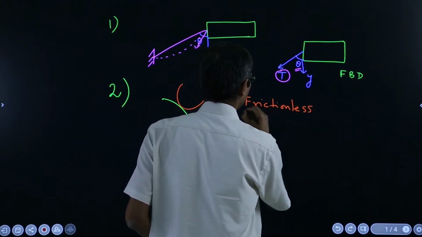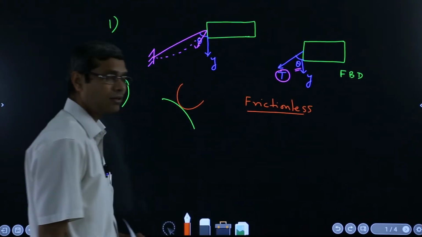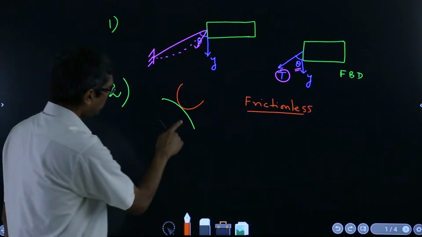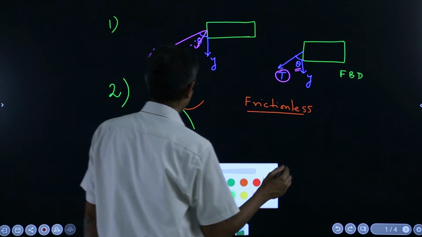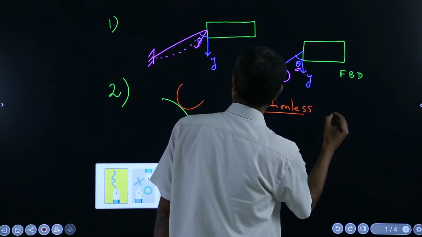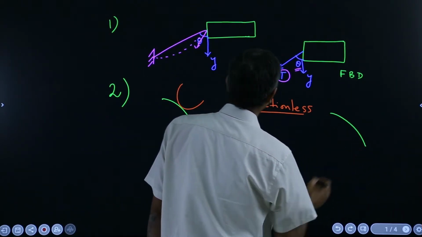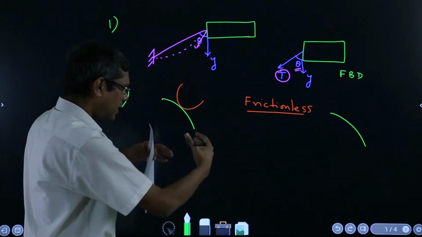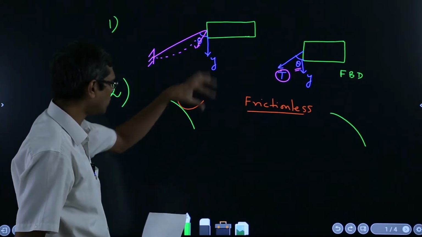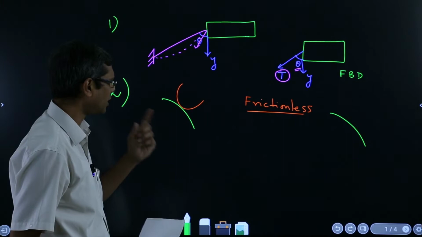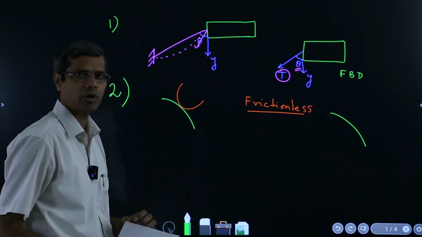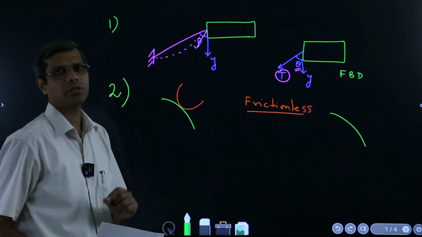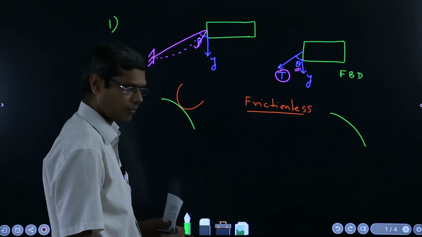if the situation is frictionless, then suppose you are drawing the free body diagram of this green part, okay. Then you are removing this green body out of this system. So that means you will have to replace this orange body with the force which it was exerting, okay.